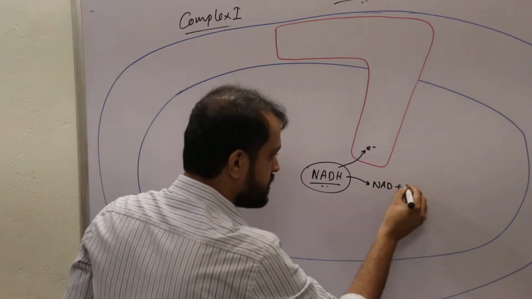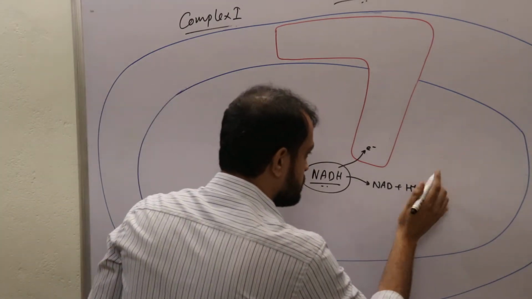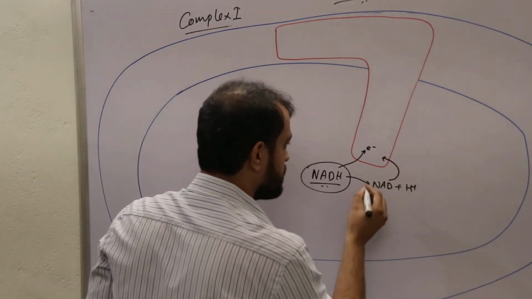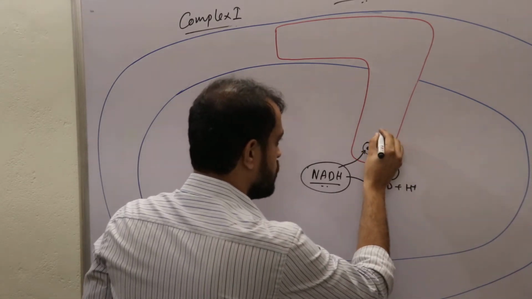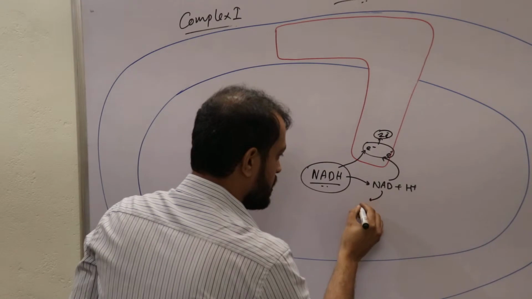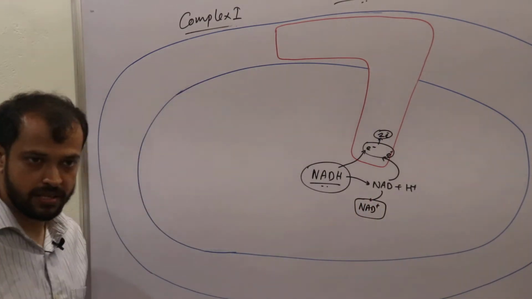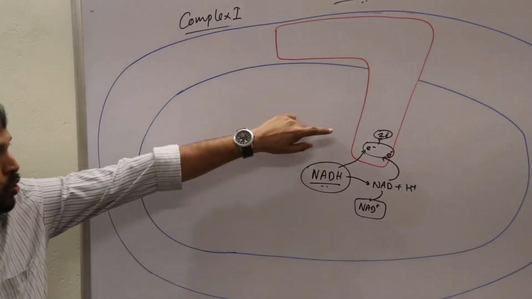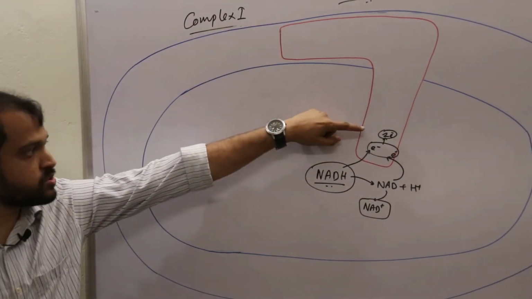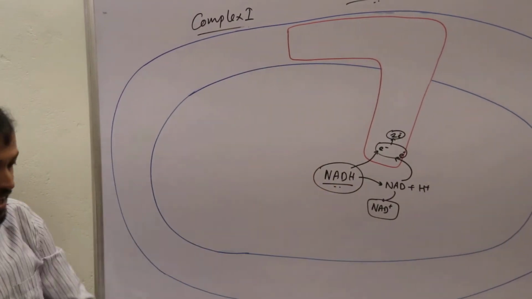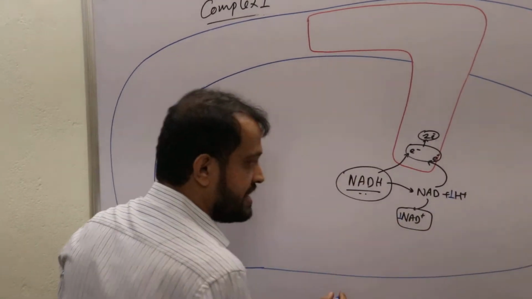NAD plus H plus, right? And suppose again another electron now goes into this protein, that means 2 electrons. What will happen? NAD plus. That means whenever 2 electrons are loaded into this complex 1, we will get 1 H plus and 1 NAD plus.